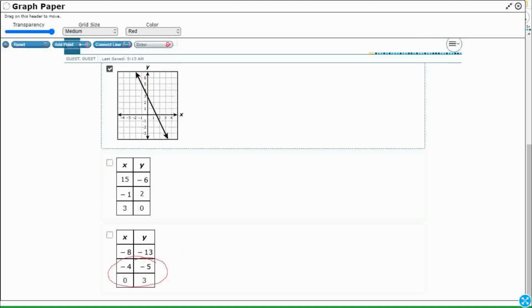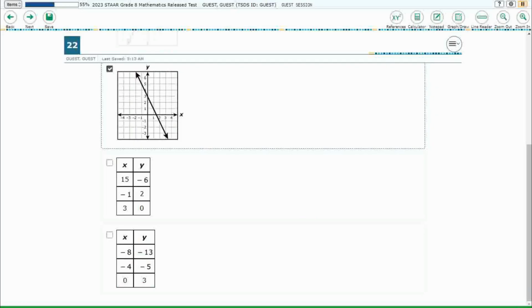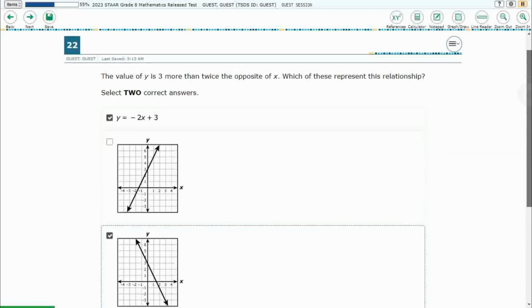So let's look at this bottom one now just to eliminate it. So I've got my negative 5 minus 3, right? So let's do the same thing over here. Negative 4 minus 0. So I got negative 8 over negative 4. Close, but that's a positive 2. And I wanted my slope to be a negative 2. So my answer here is going to be that first and third option.